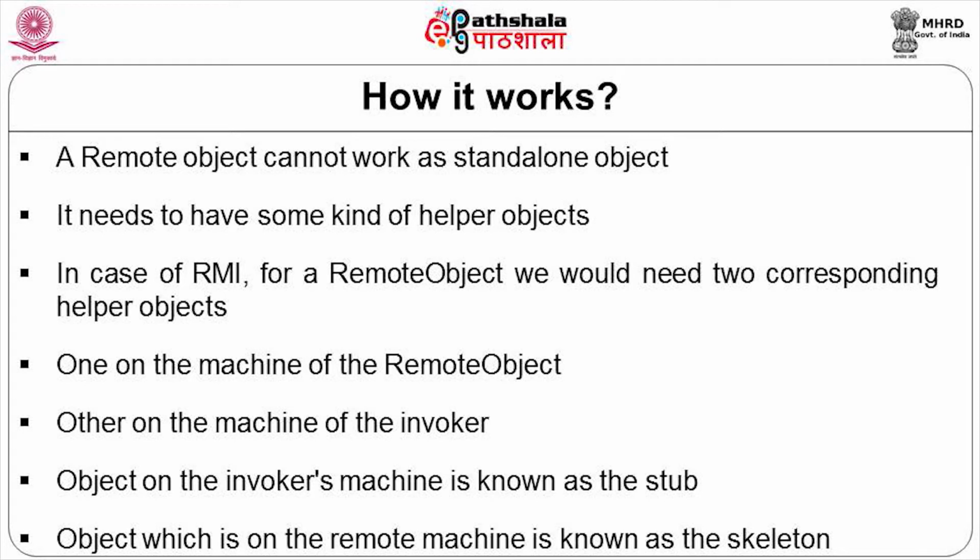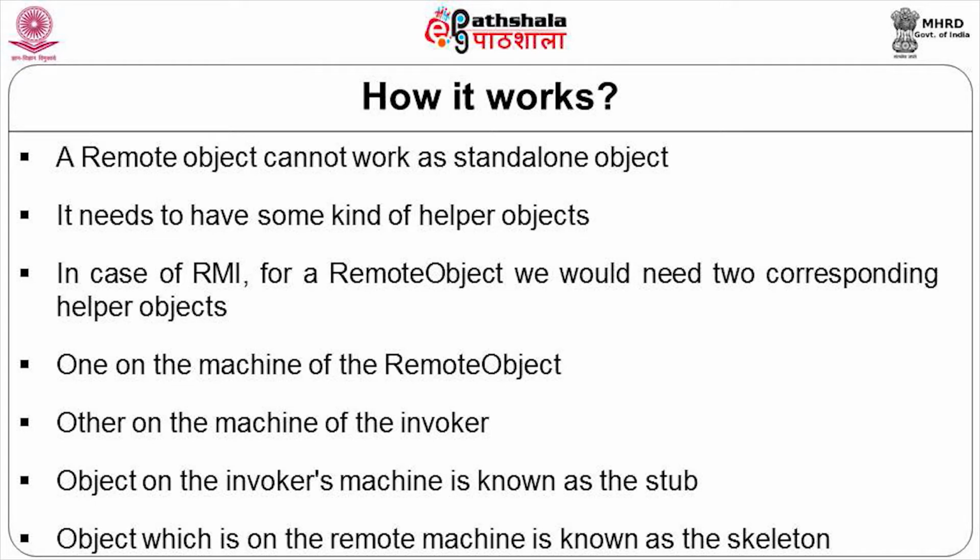For example, in case of RMI, for a remote object on which we would like a method to be invoked, let's assume we have a host server on which such a remote object is available. So for this object, we would also need two corresponding helper objects. One would be on the machine of the remote object and the other on the machine of the invoker.